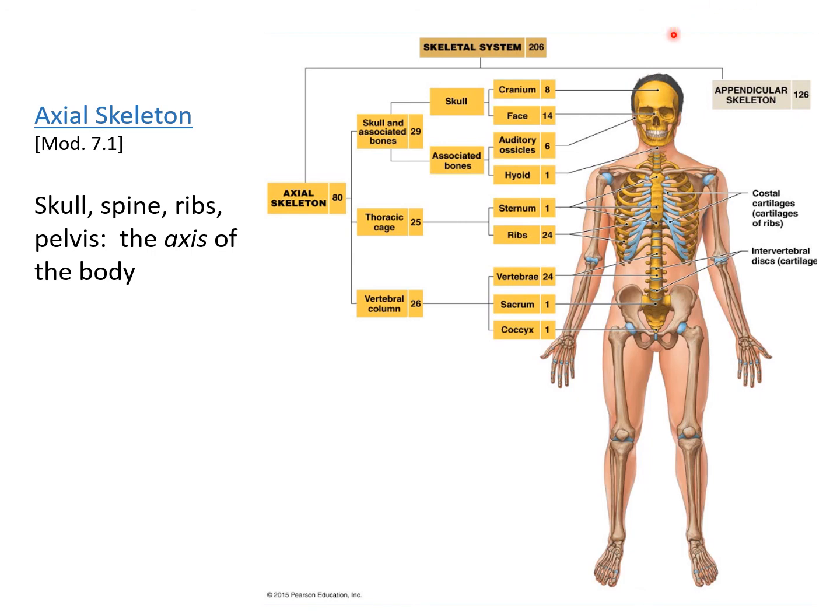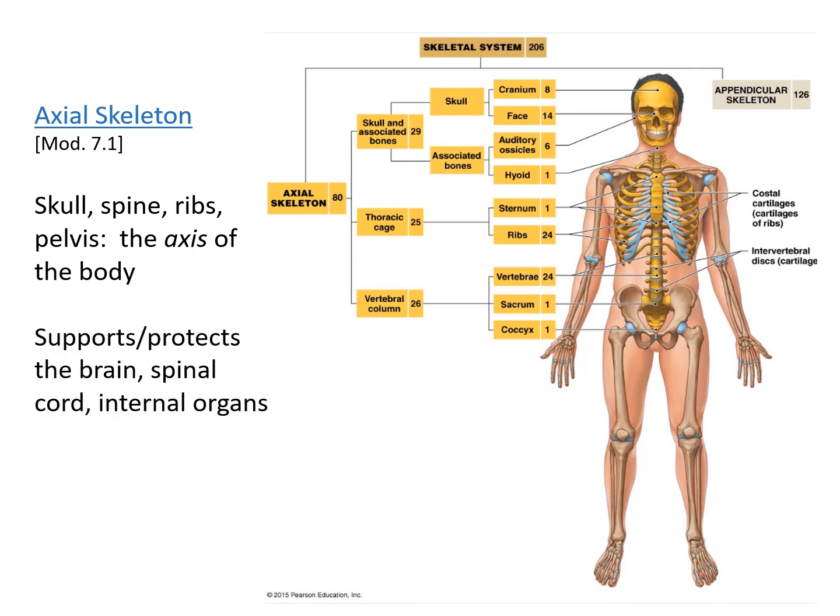Okay, what we have is the skull, and we will focus on that extensively at the end of this semester. The spine, including 24 vertebrae, the sacrum and the coccyx, and the rib cage and the sternum together, all making up the axial skeleton.